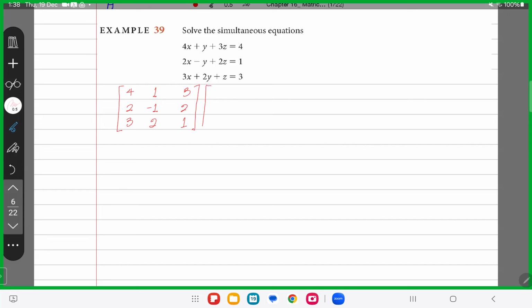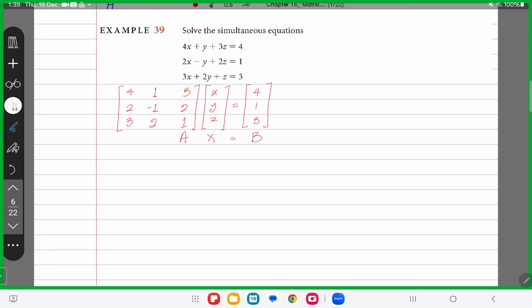That would be my matrix A. Then I have the column matrix with the variables X, Y, and Z. And this is equal to a column matrix of what is on the right-hand side, 4, 1. So now this is of the form AX is equal to B.